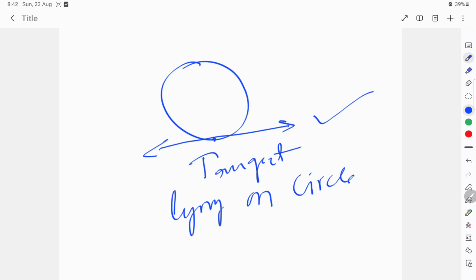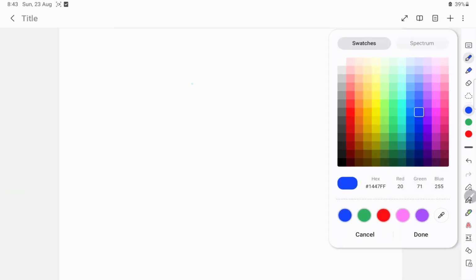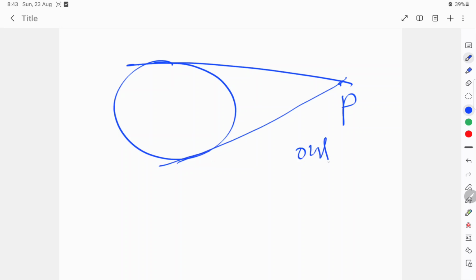Next, the final case, the third case. Now we discuss the point P out of the circle. The point is outside the circle.